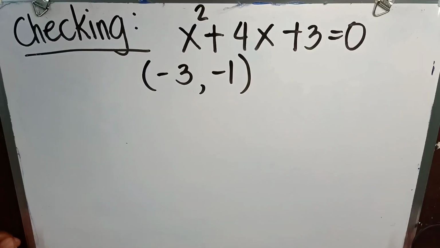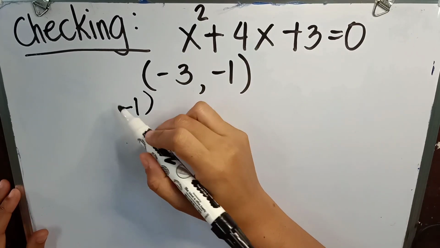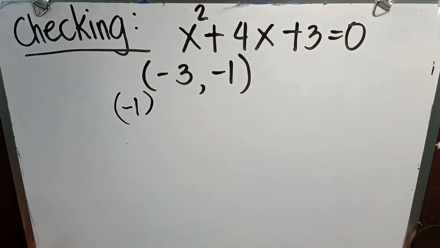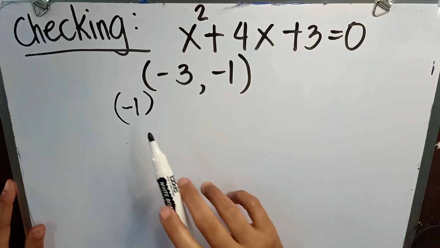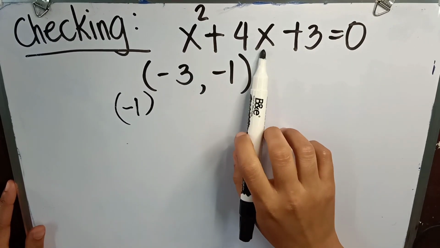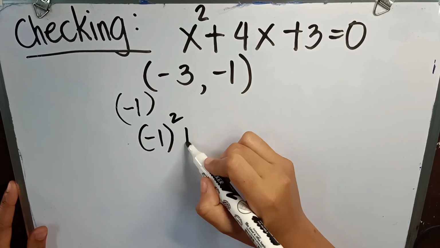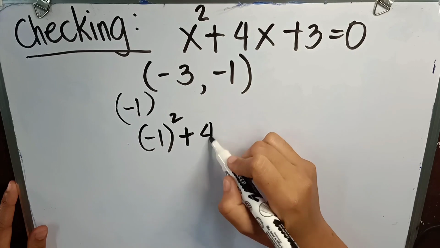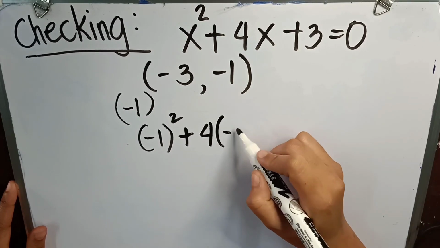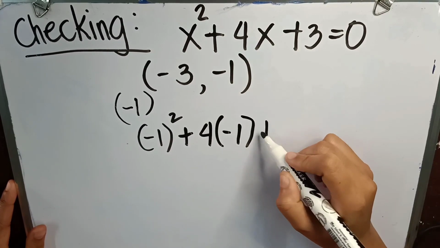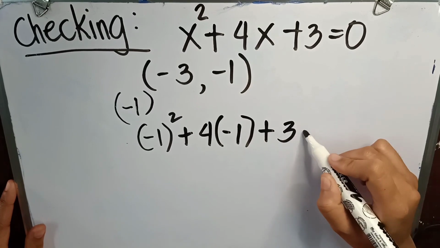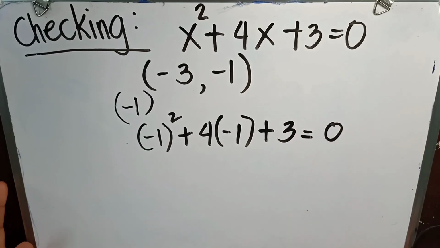Next solution set that we are going to check is negative 1. Again, substitute negative 1 for your x values here. So, we have negative 1 squared plus 4 times negative 1 plus 3 equals 0.